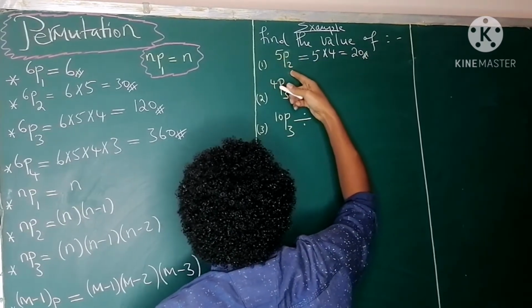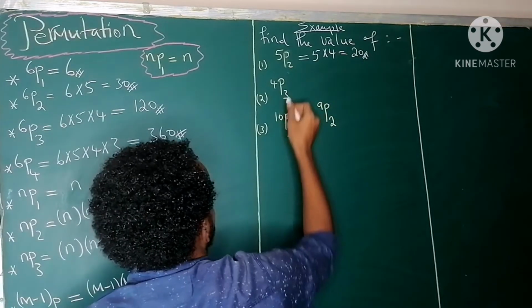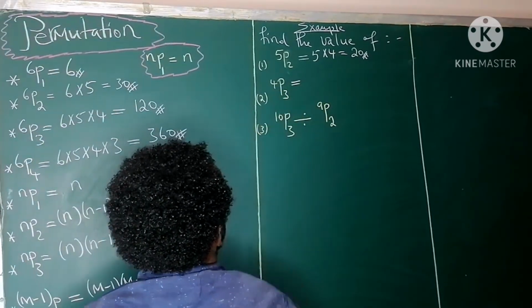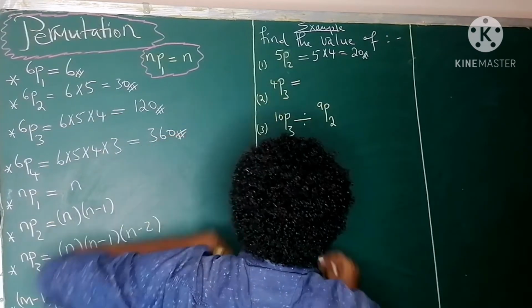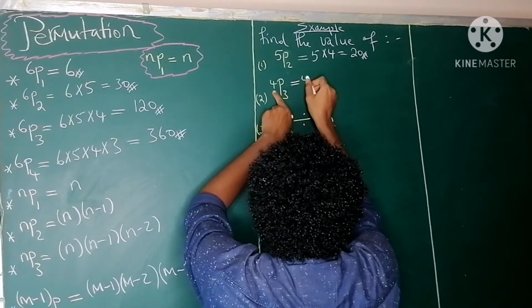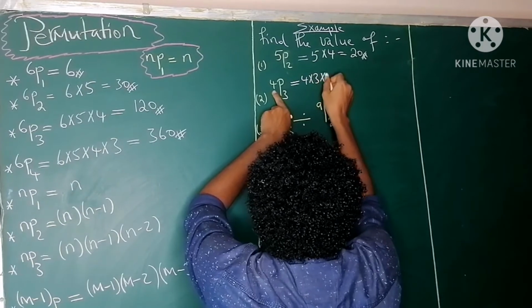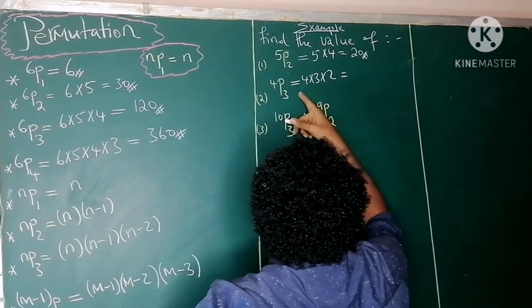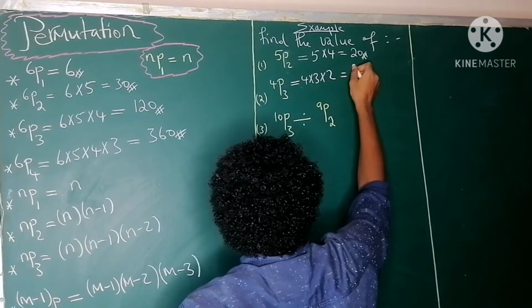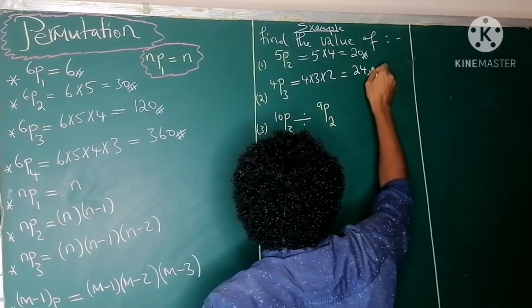Therefore 5P2 equals 20. 4P3 means you have to multiply 4 downwards. How many factors? 3 factors. So this is 4 times 3 times 2, 3 factors. 4 times 3 is 12, 12 times 2 is 24.